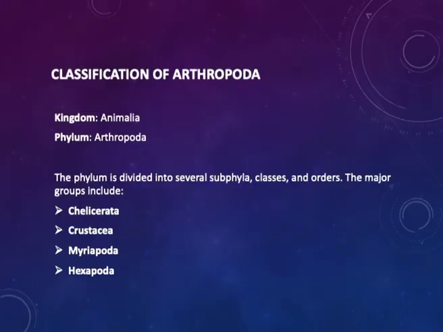Now coming to classification of Arthropoda. Kingdom Animalia, phylum Arthropoda, and the phylum is divided into several subphyla, classes and orders. The major classes or groups include Chelicerata, Crustacea, Myriapoda and Hexapoda.